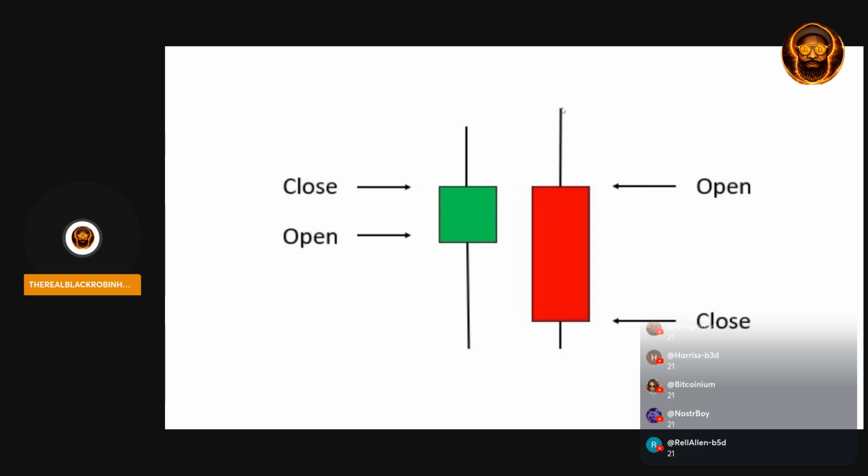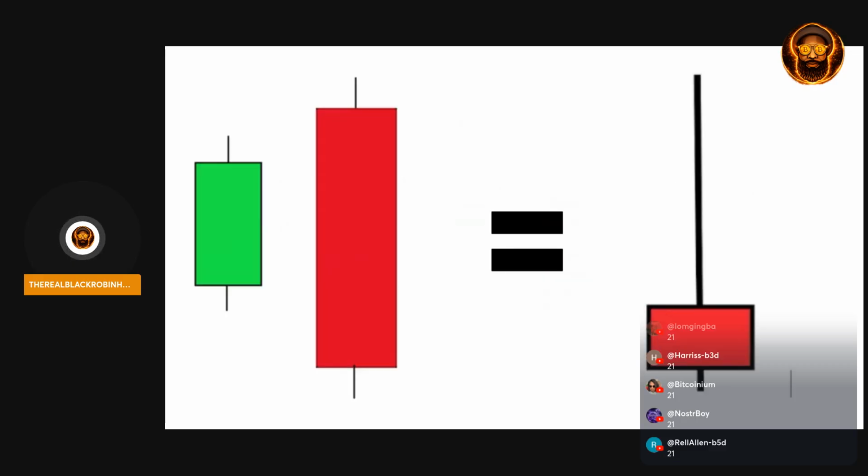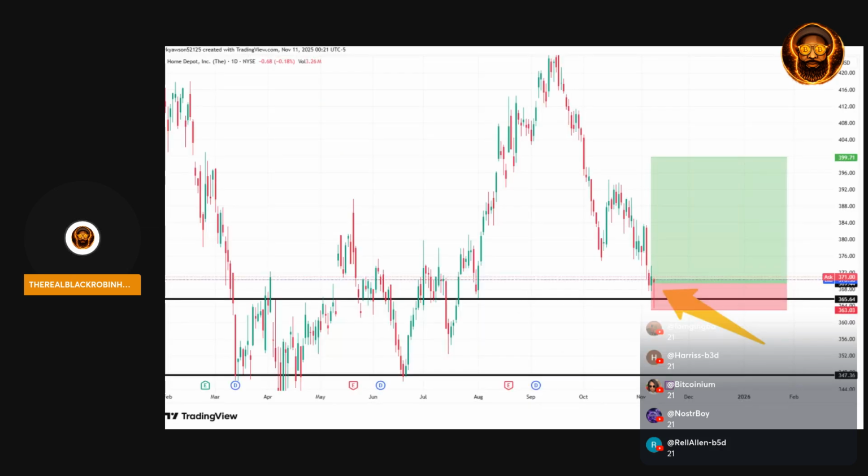The wicks are the high and the low of the red candle. The body is the open and the close. So if the body covers the body of the previous candle, then it's telling you that the bears are in control. Again, if you put them together, it gives you the effect of a bearish candle.